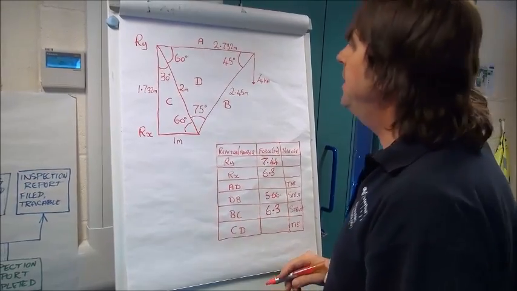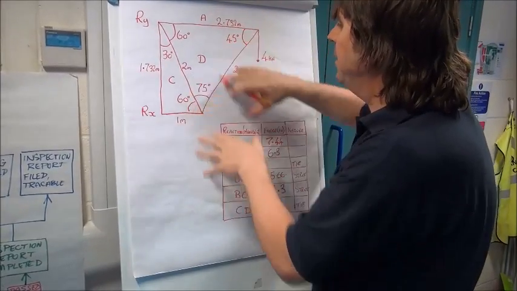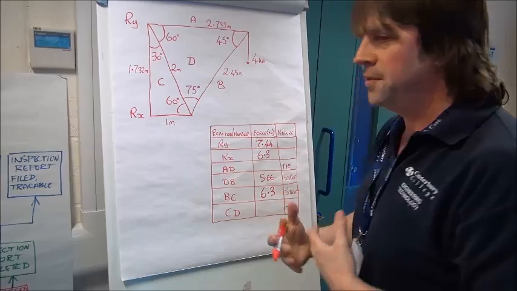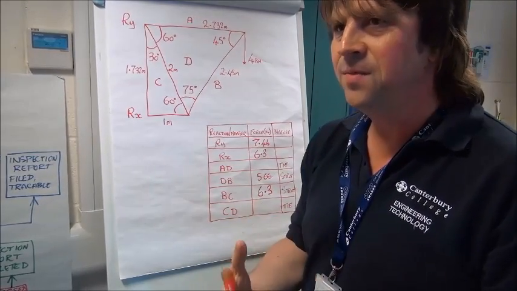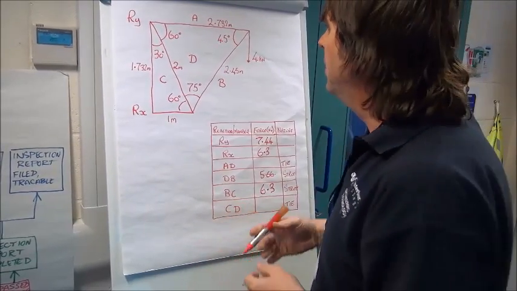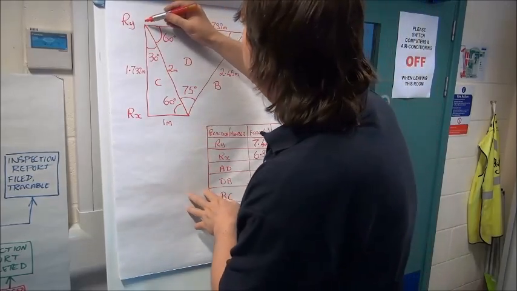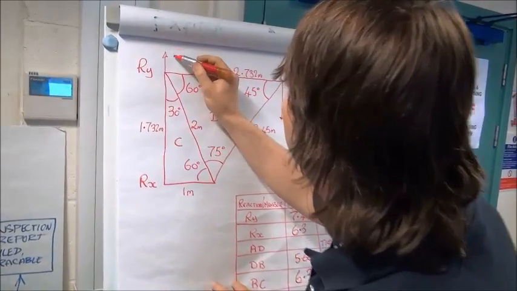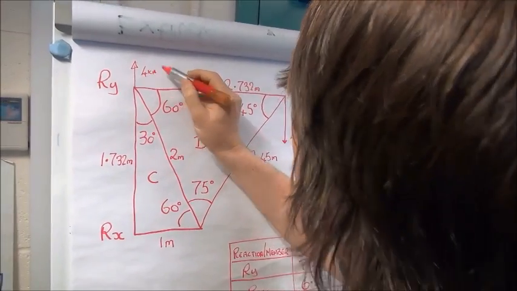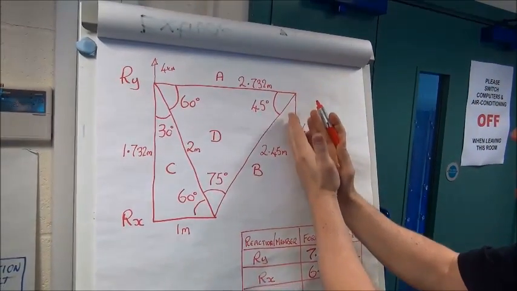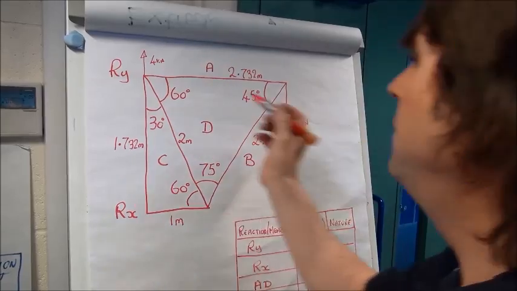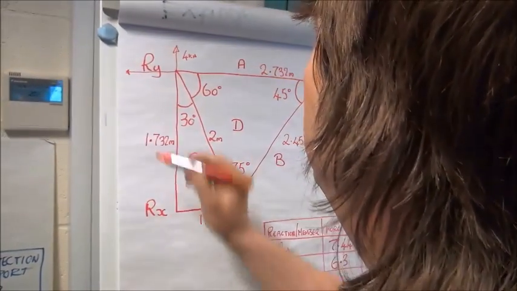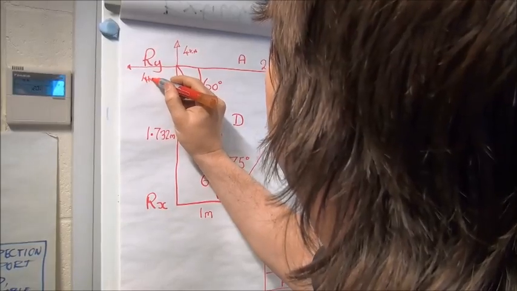Now we'll do member AD, and we're going to stay on this part of the drawing now for AD because I've gone through enough of the process and procedure you need to do. It's effectively the same type of thing over and over. We'll note that if we have a vertical component here of 4 kilonewtons counterbalancing this force here, then it makes sense, does it not, that the horizontal component must equal 4 kilonewtons.